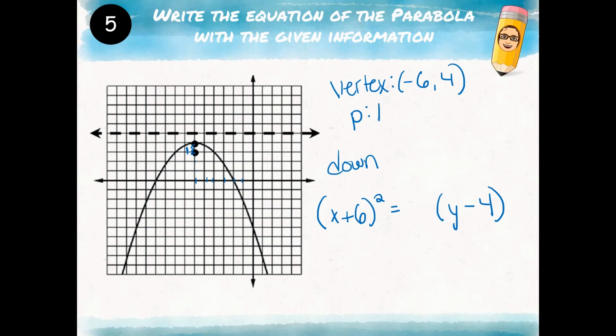So my p is 1. But I can't just put 1 here, right? Because it's always 4 times my p-value. And since I'm pointing down, it also has to be a negative. So this would be 4, negative 4, because I got to multiply my p-value by 4 to get that number there. So that is the equation of that graph right over there.